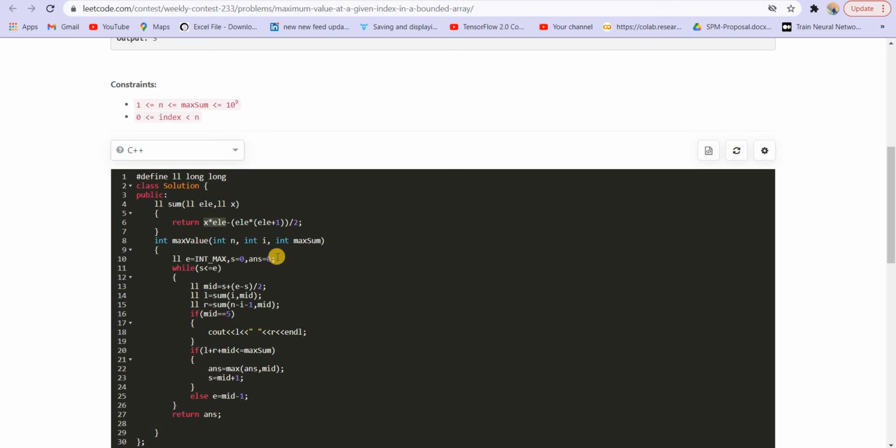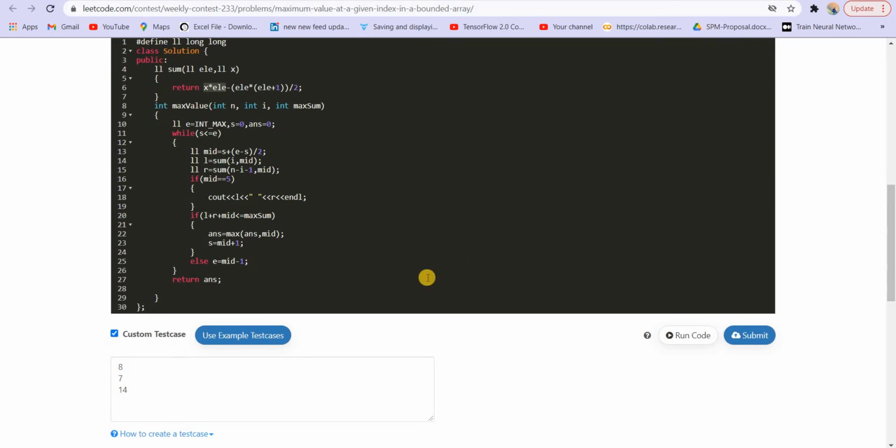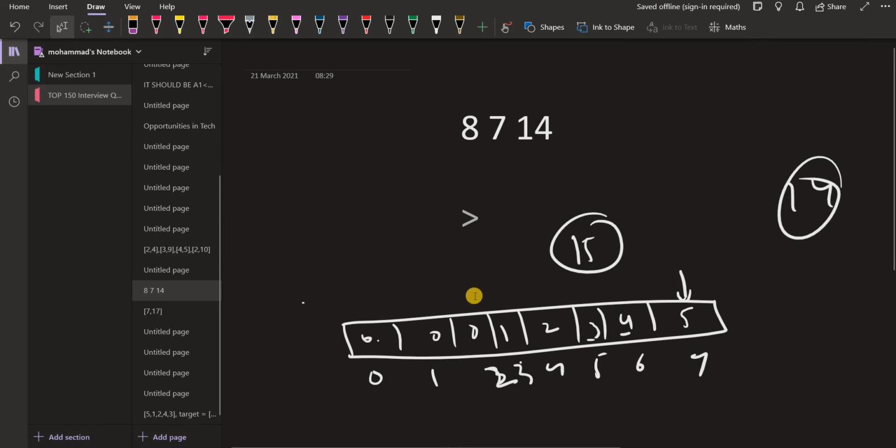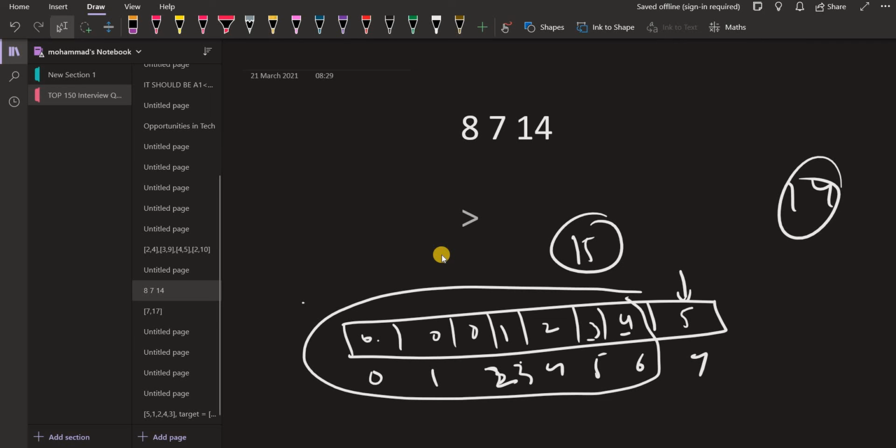Now total number of elements on this particular side, and even on the right hand side, this is not equal to I. This is actually equal to minimum of I comma the element that we are using here. And the element that we are using here is something that we are keeping at this position, minus 1. Okay, mid minus 1.